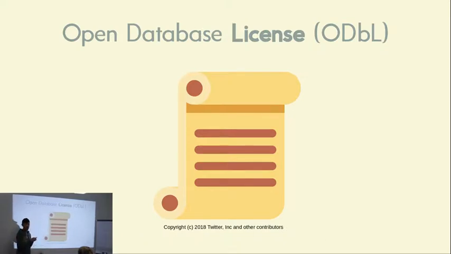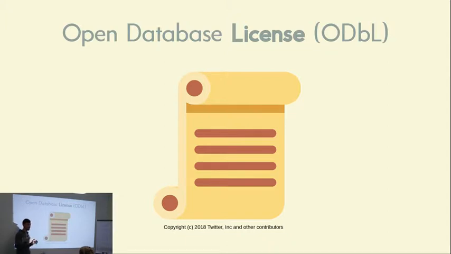Then about the license. So of course OpenStreetMap data is open, but there are some restrictions. Of course you can download it and modify it and so on, but you always have to attribute it. It's the Open Database License. And of course I'm not a lawyer, so you should actually read the official documentation.